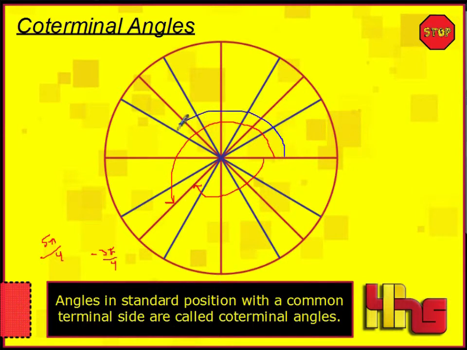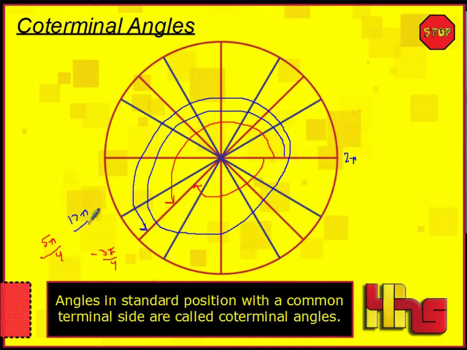I can go all the way around to 2 pi and just keep going until I get back to that angle. So that would be 8 pi over 4 right here, 9, 10, 11, 12, 13 pi over 4. So 13 pi over 4 is also a coterminal angle with the other two.